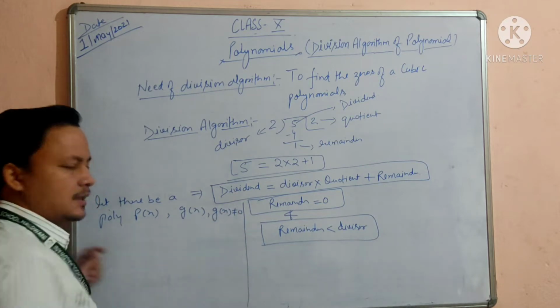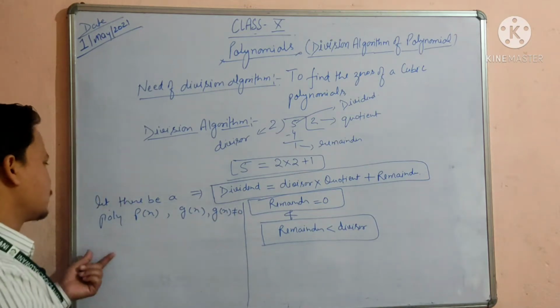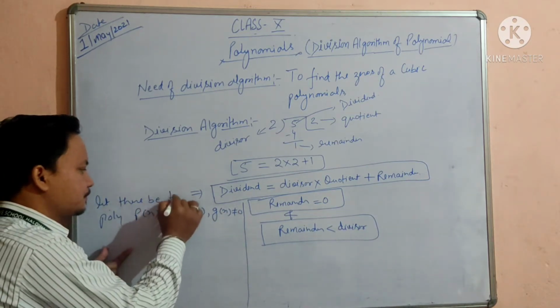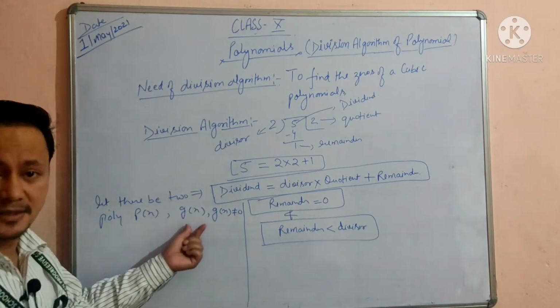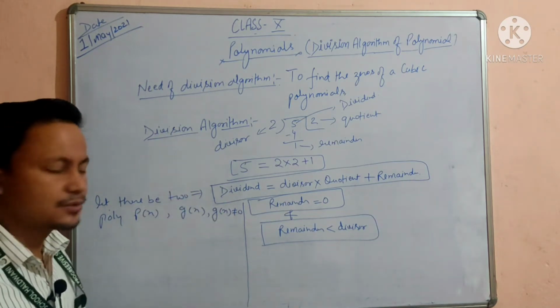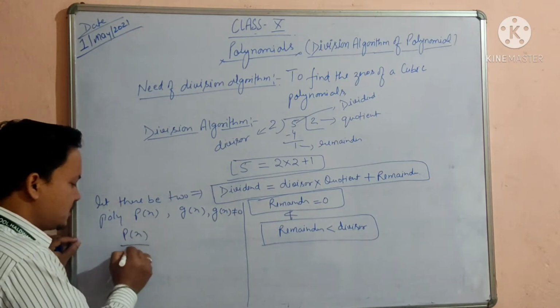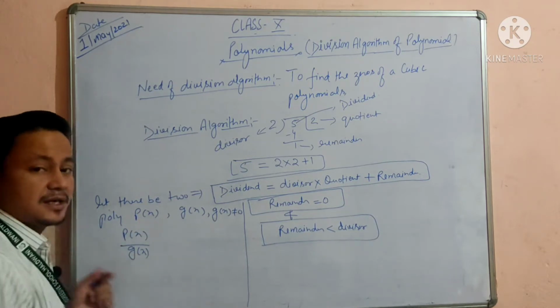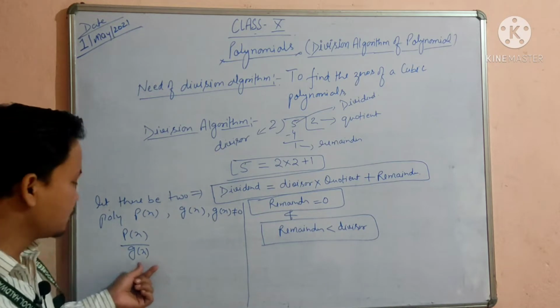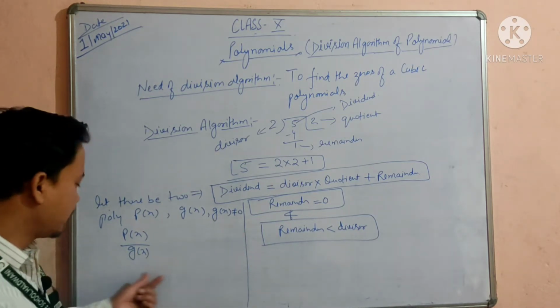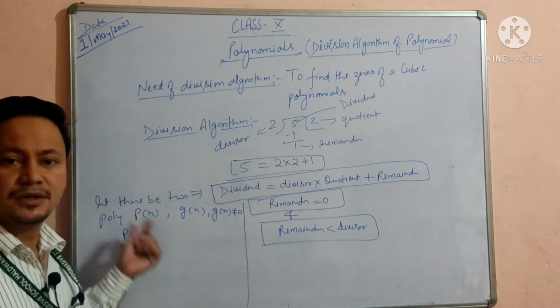Let there be any two polynomials p(x) and g(x) where g(x) is not equal to 0. Why? Because we want to divide p(x) by g(x). Since g(x) is a denominator, it should not be equal to 0, because if the denominator is 0, it will be undefined.